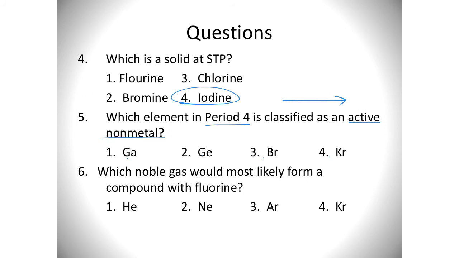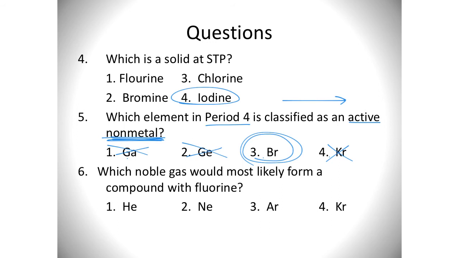So first off, we could get rid of Ga because that is a metal. We can also get rid of Ge because that is a metalloid. We are left with bromine and krypton. They are both nonmetals, but krypton is not reactive because it's a noble gas, so that leaves us with bromine.